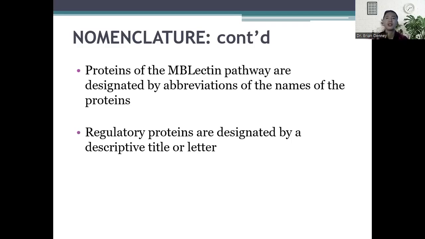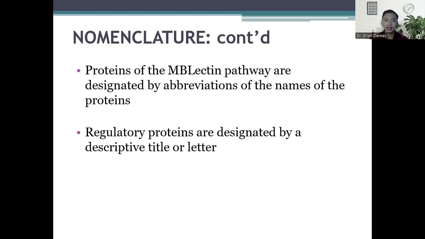You use the abbreviation. So the proteins participating in the mannose binding lectin pathway are MBL1, MBL2, and MBL3. Abbreviated siya.